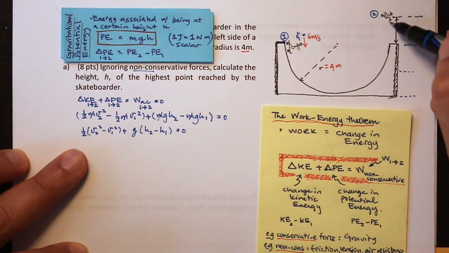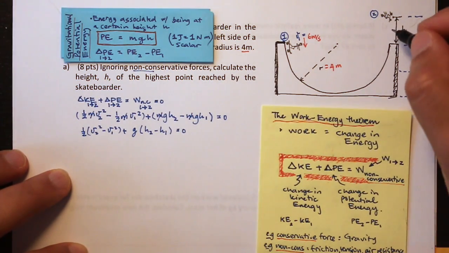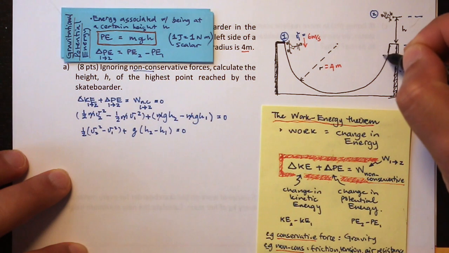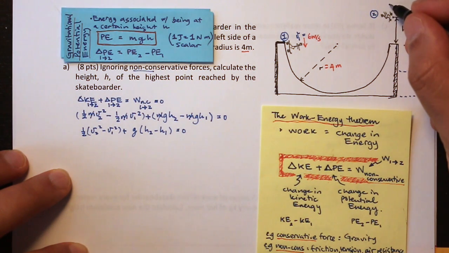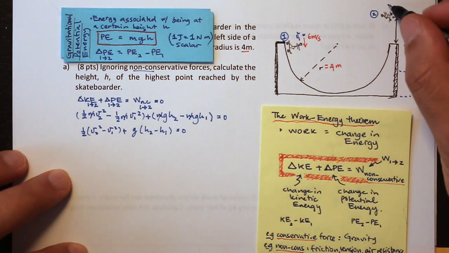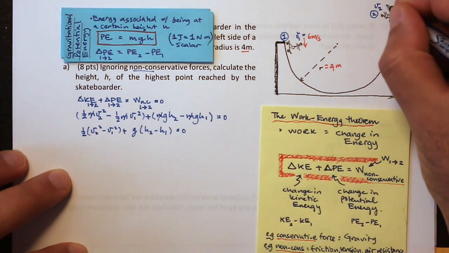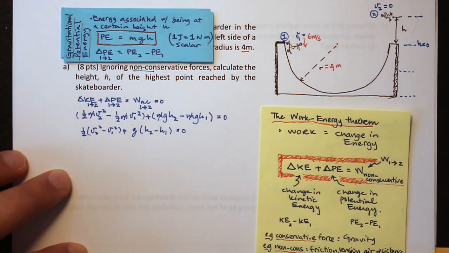I know that at the second position, the highest point reached by the skateboarder, she has some velocity going up and then reaches 0 and then flips direction and goes back down. So right at the highest point, the velocity of the skateboarder is equal to 0.